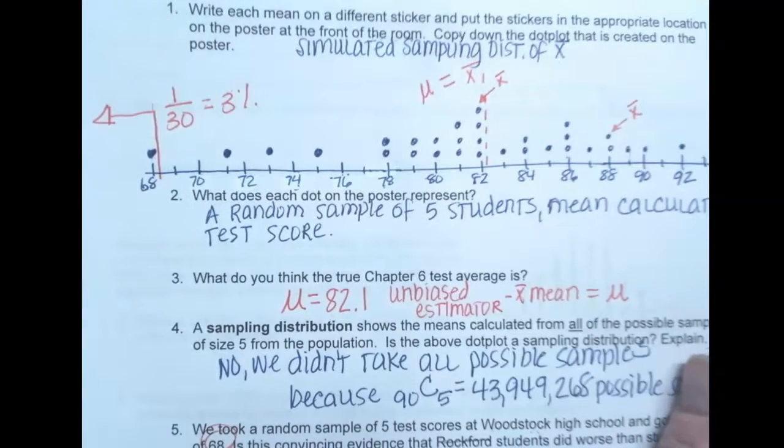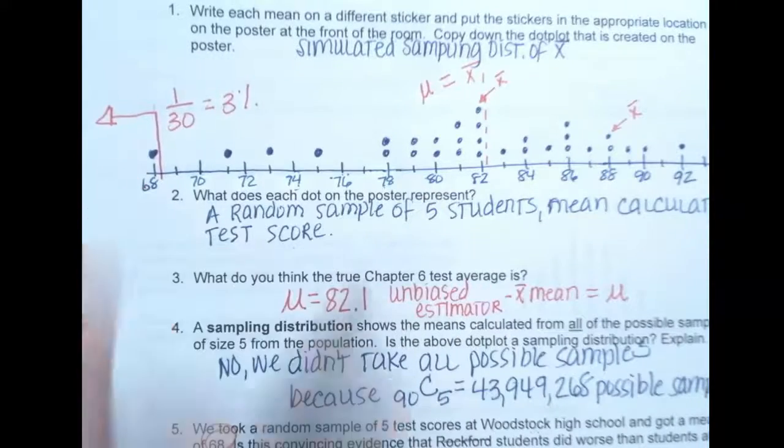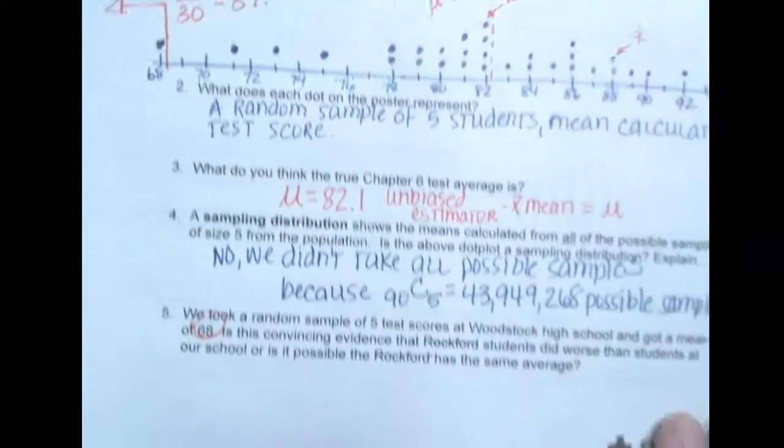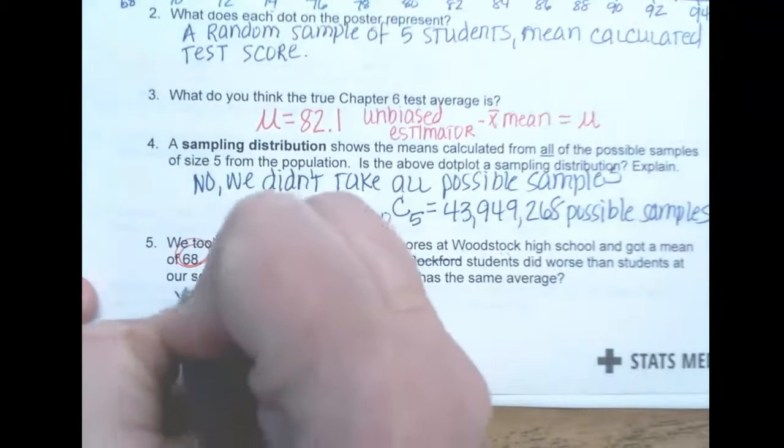And if we kept going, most of the numbers are going to be over here, and there's going to be less over here. So is there convincing evidence that the Woodstock students did worse than the students at Etowah? Yes, there is.